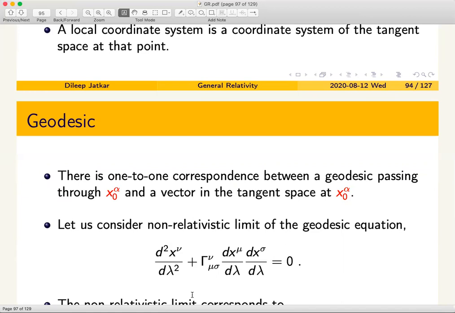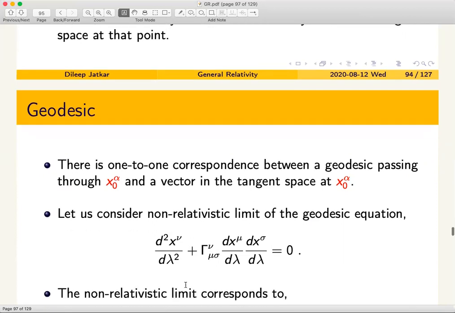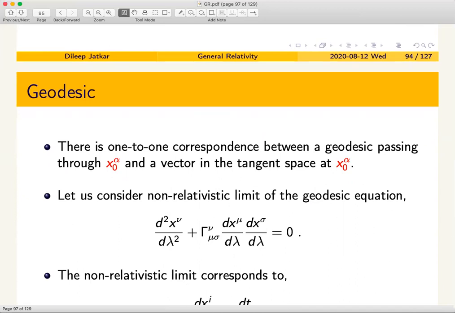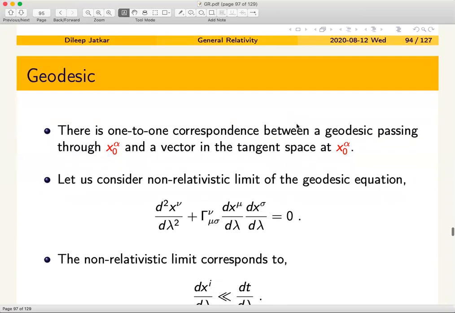So effectively, in higher dimension, you have an infinite number of geodesics passing through a particular point. Is this okay? Any questions about this? Okay, if not, then let's go ahead.